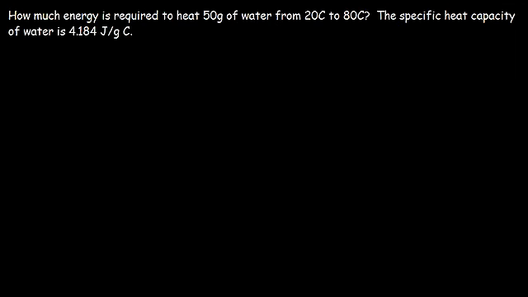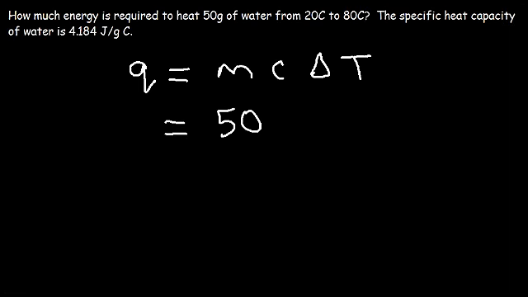So let's work on some problems. How much energy is required to heat 50 grams of water from 20 Celsius to 80 Celsius? And we have the specific heat capacity of water. The equation that we need is Q is equal to mc delta T. So the mass of water that we have is 50 grams.